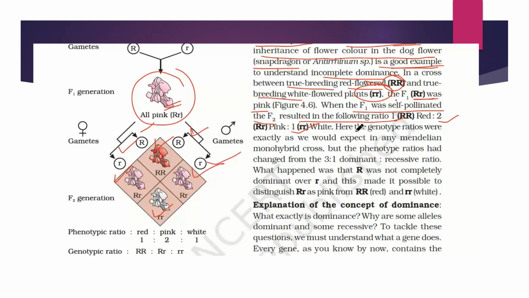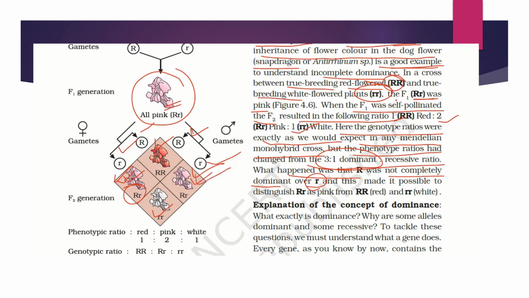So here the genotypic ratios were exactly as we would expect in any Mendelian monohybrid cross, right? But the phenotypic ratio has changed from the 3:1 dominant recessive traits. Okay, what happened was R was not completely dominant here over r, but R should be completely dominant over r. But no, it created a new character, that is pink flower.